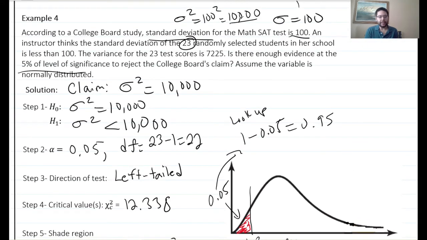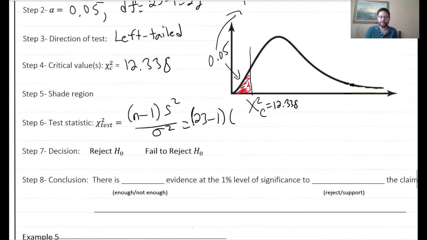It says the variance of the 23 test scores is 7,225. That variance is the sample variance, the square of the standard deviation from the sample of students. So that's my s squared, 7,225.